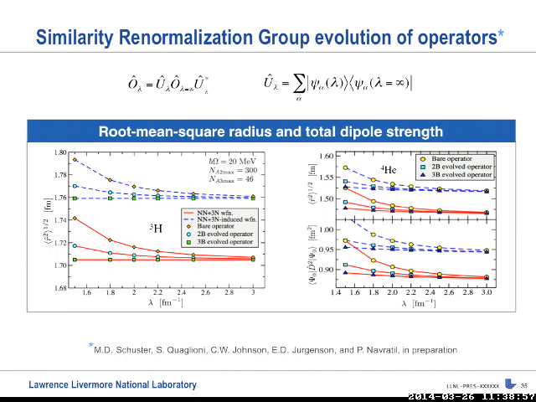The dashed is with the wave function obtained with the trinucleon induced, and the red is with the full trinucleon force. And then the symbols tell you which operator we used. So bare operator, 2-body evolved operator, and 3-body evolved operator. And you can see that this is again a lambda dependence, and then here is the observable.